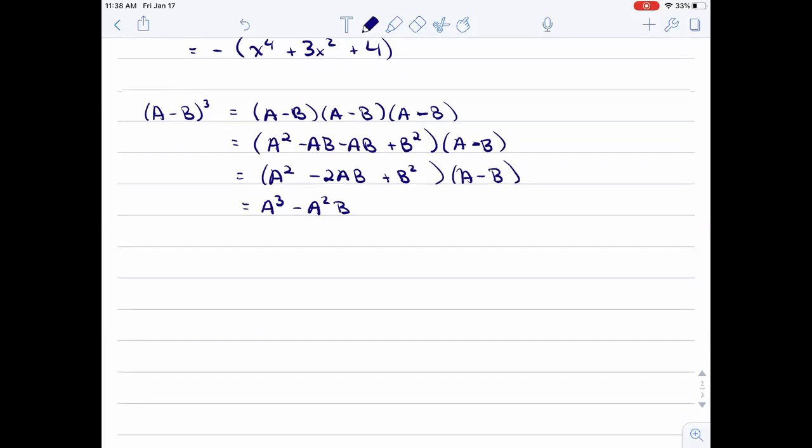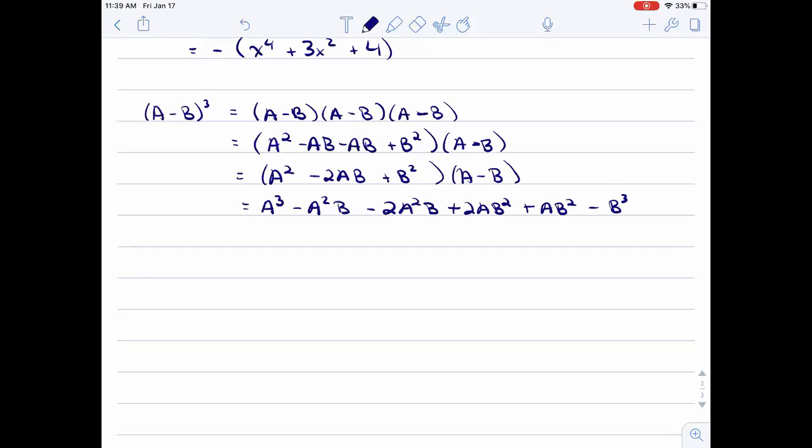Minus 2ab times a puts you at minus 2a squared b. And then plus 2ab squared, plus ab squared, minus b to the power of 3. Just being careful, right, that you drop each of the terms onto the other bracket.